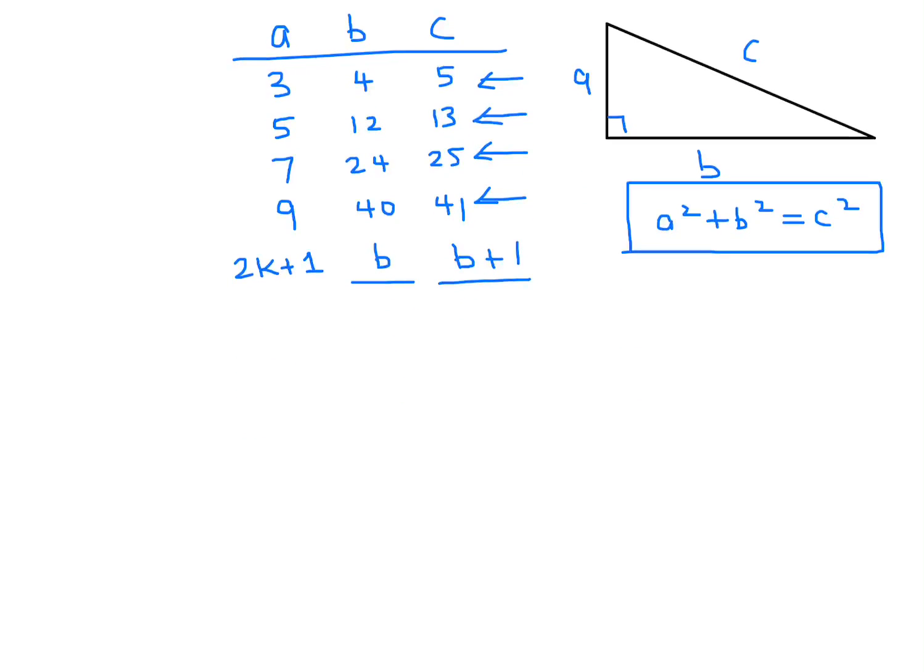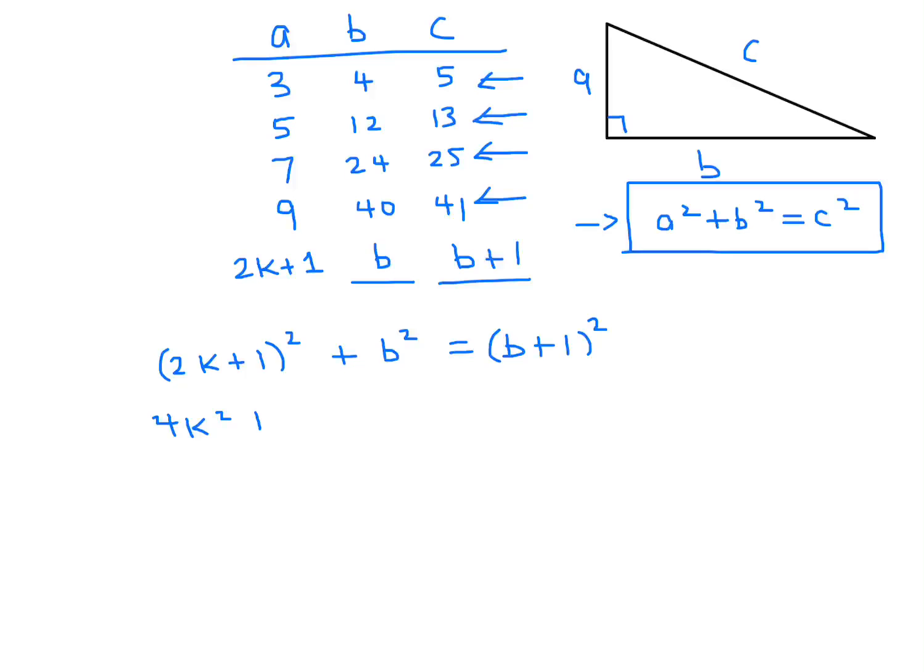Okay? And now we have to plug in these numbers and see what we get. So plugging in 2k plus 1 as A, B is just B, and then C will be B plus 1, like that. All right, let's expand and see what we get.